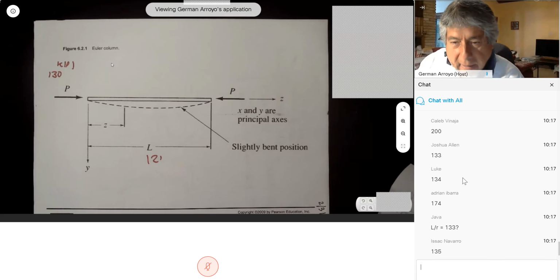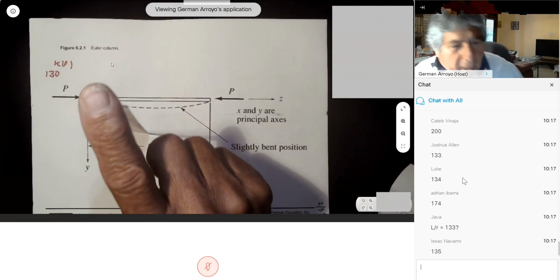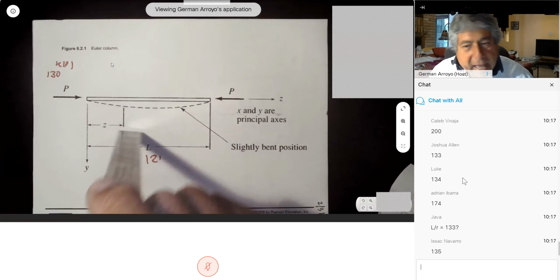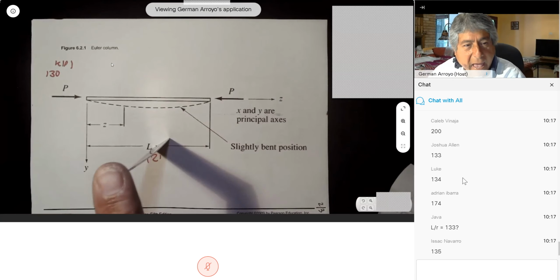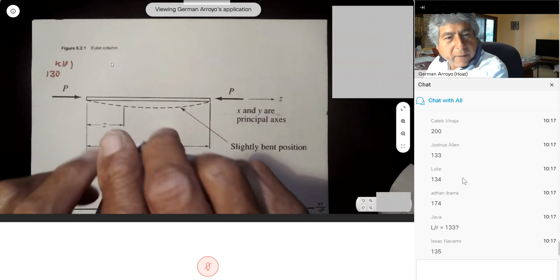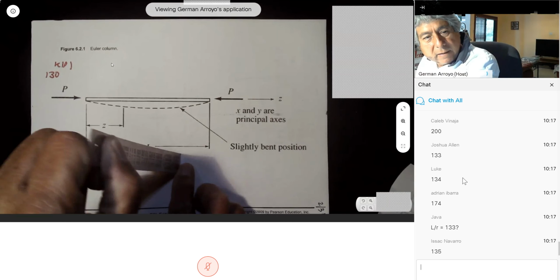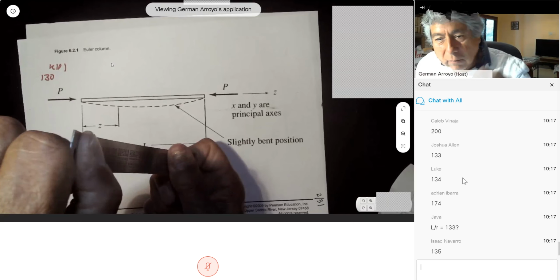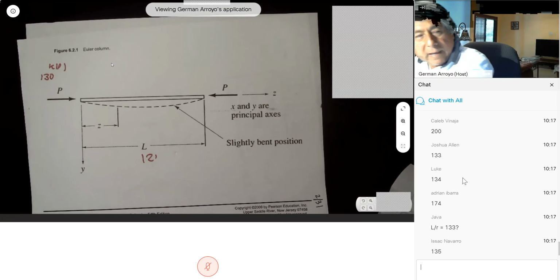Look, I'm not with you, but if I were with you, I have my stick and I would pretend that the stick is a column. And I will apply a load. And when I apply a load, this is going to bend. Look, apply a load, this is going to bend.